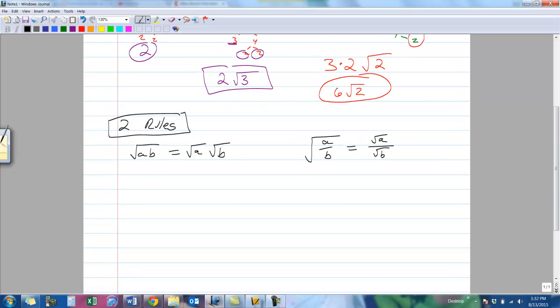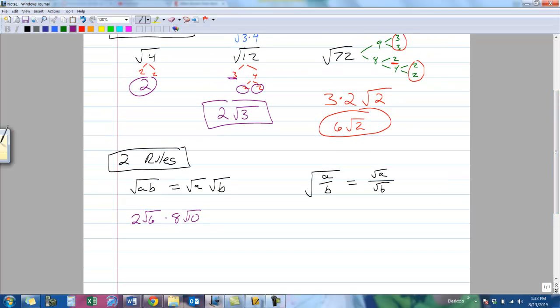So, let's talk about this first rule. Let's do an example. How about 2 root 6 times 8 root 10. Just like we split it up here, root 3 times 4, backwards also works. Root a times root b can be multiplied together.